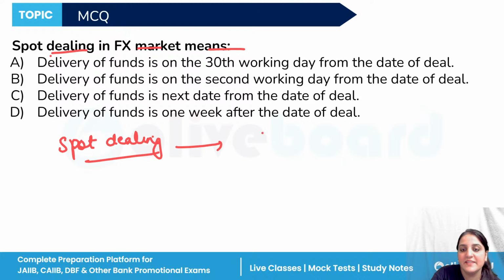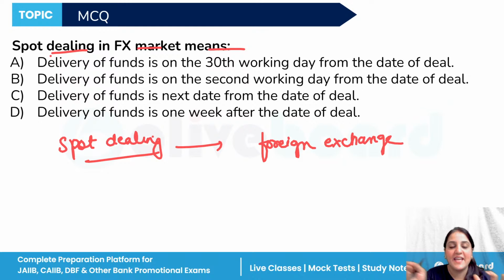Spot dealing in the foreign exchange basically refers to the immediate exchange of currencies, typically settled within 2 business days from the transaction date. So we can say that spot dealing in the foreign exchange market means delivery of funds on the second working day from the date of deal.